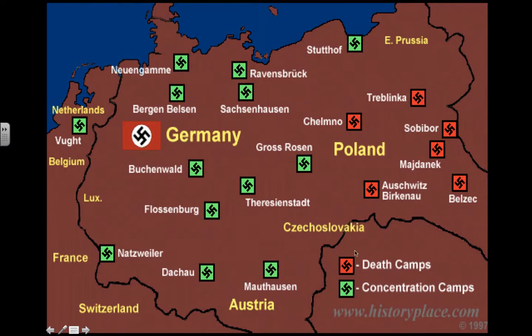And then from there, they went to Poland and captured all the Jews. And after Poland, they invaded Russia. And then soon, all of the other areas around Germany and Europe were threatened by the Nazis.